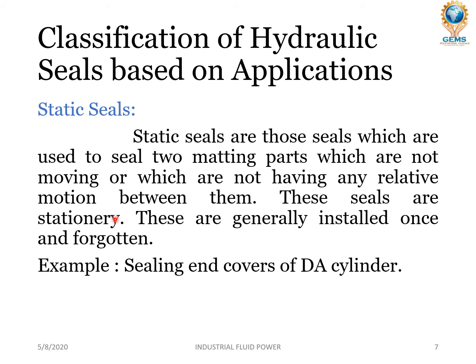These seals are stationary. These are generally installed once and forgotten. Example, sealing the end covers of a DA cylinder, that is double acting cylinder. So these are used to seal two mating parts which are not in motion.